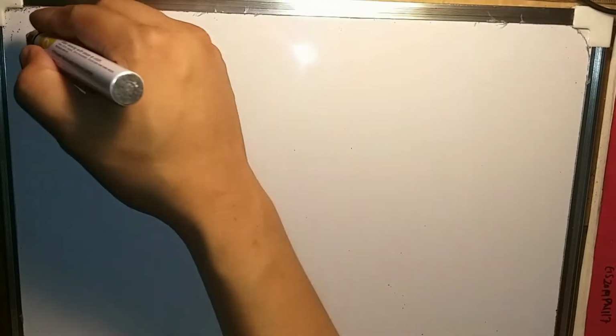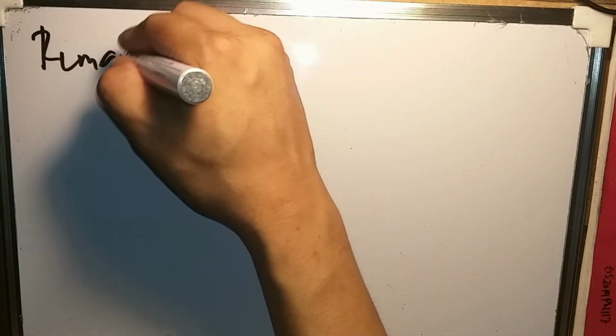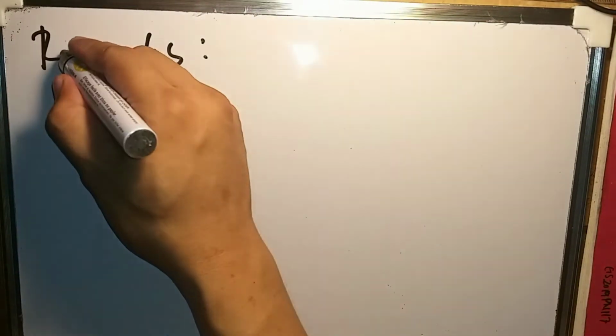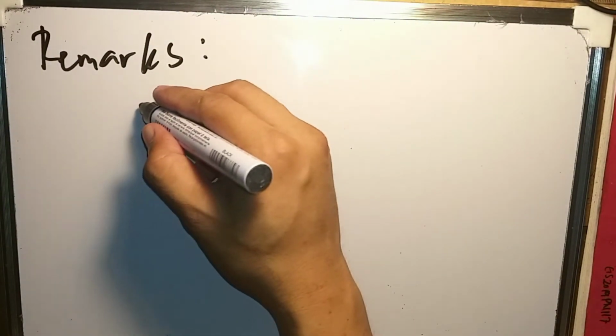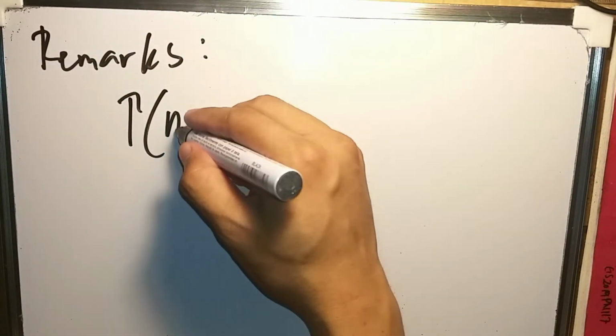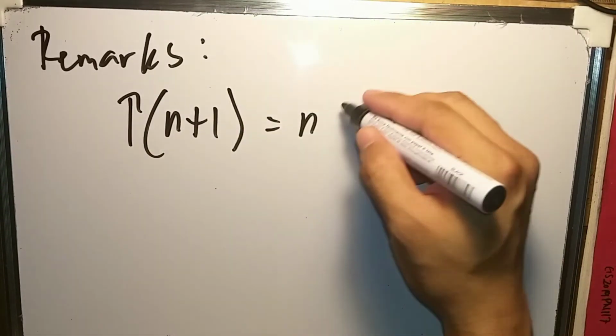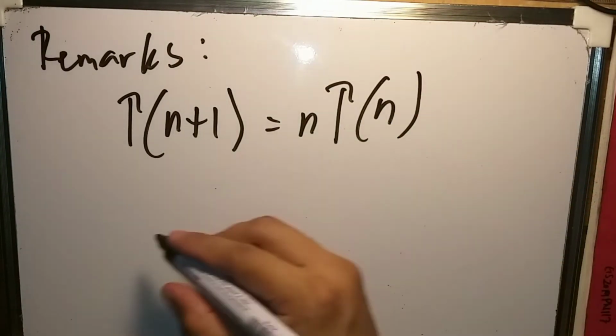So we have some remarks about the gamma function. The gamma of n plus 1 is equal to n times the gamma of n.